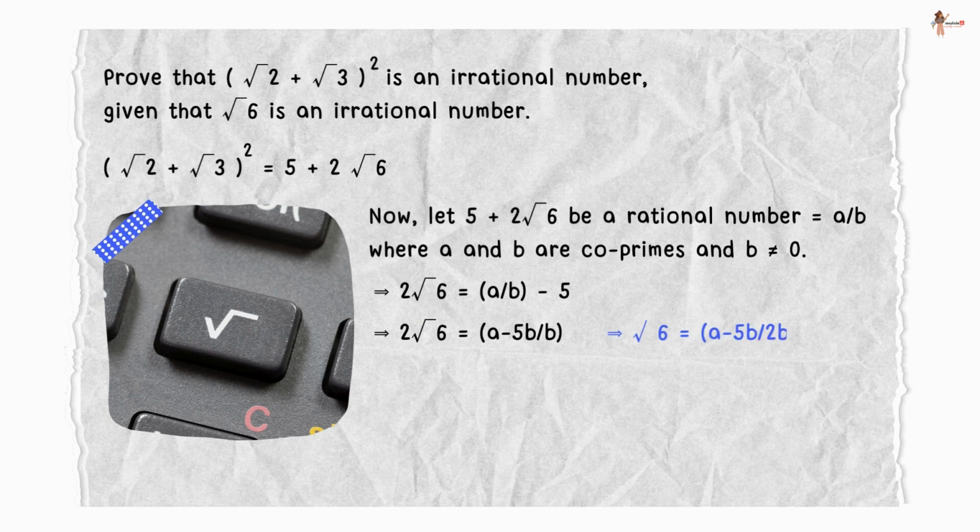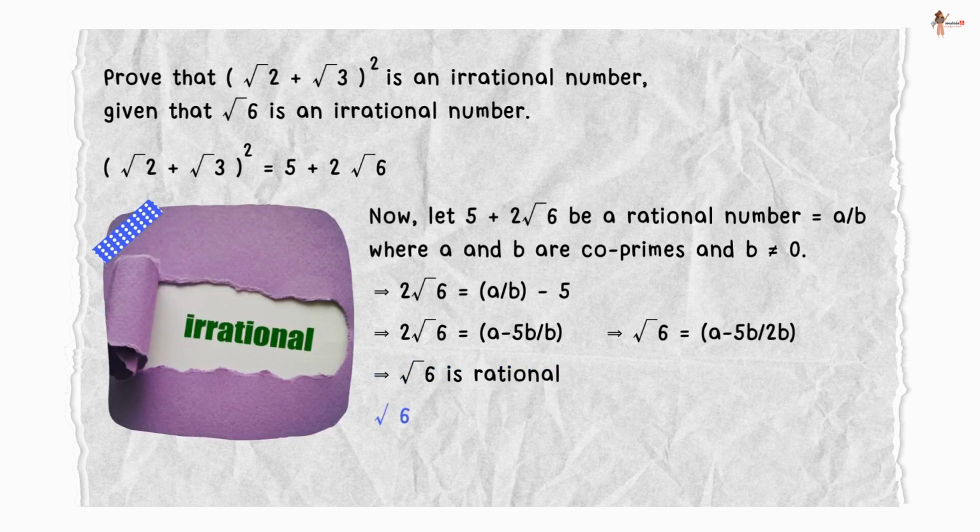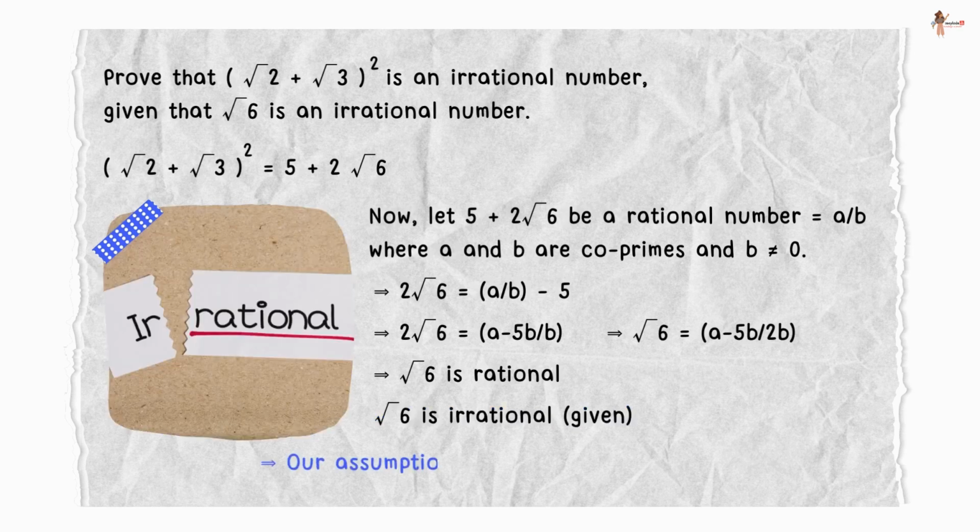Now, root 6 would be equal to (a minus 5b) upon 2b. That means root 6 is rational. However, we are given that root 6 is irrational. That means our assumption is wrong and hence 5 plus 2 root 6 is irrational. This is what we had to prove.